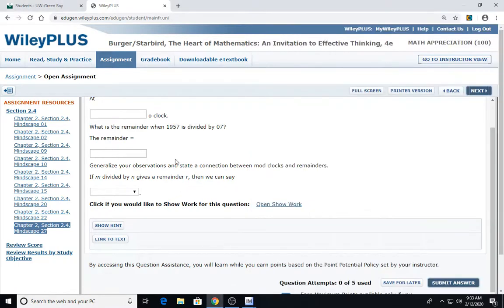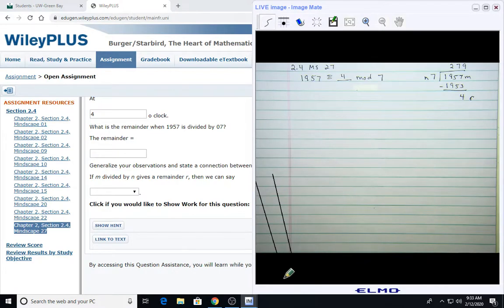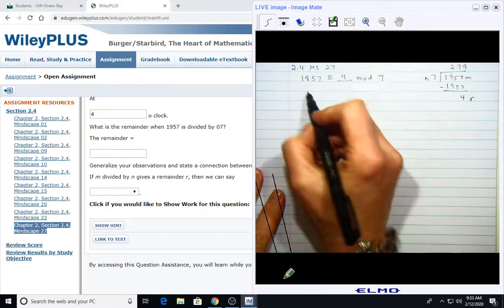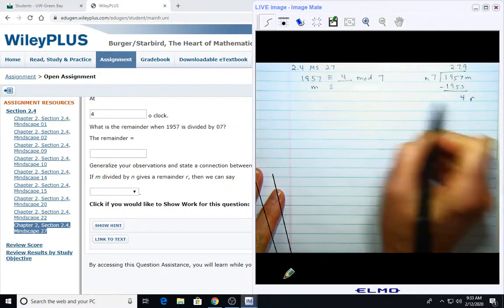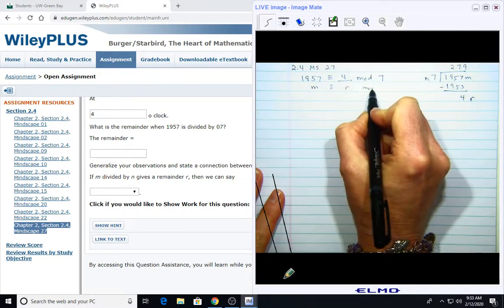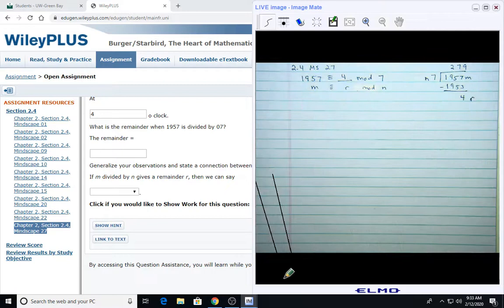Okay, let's look at this together. I'll just put the 4 o'clock on here. Okay, so we need to look at modular arithmetic now, so let's go back to our number here. So this was the m, and it was equivalent to the r mod n. Okay. So let's go pick that choice.